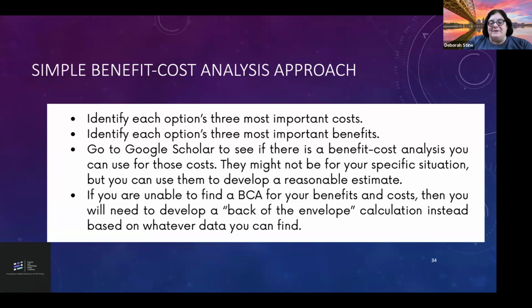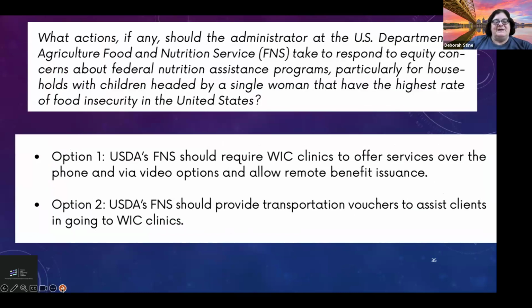Most of the time, there will not be one for my specific situation, but I can develop an estimate. If you can't, then you have to do some back of the envelope kinds of things. And always remember, more information, even if it's not perfect, is better than no information.